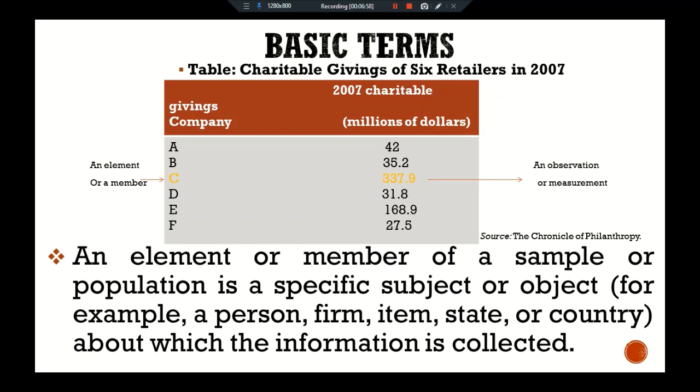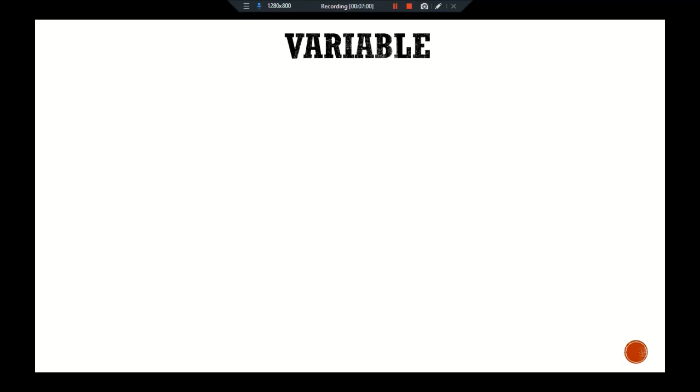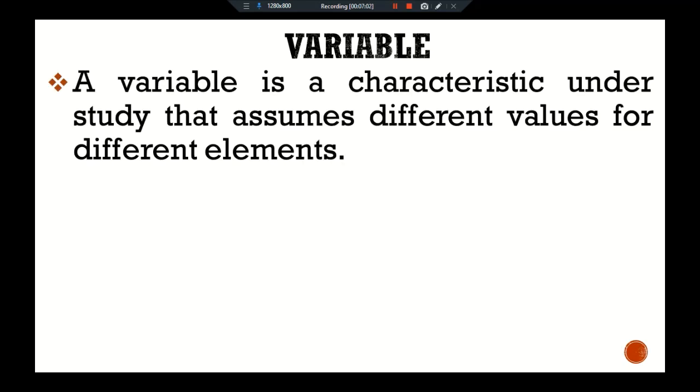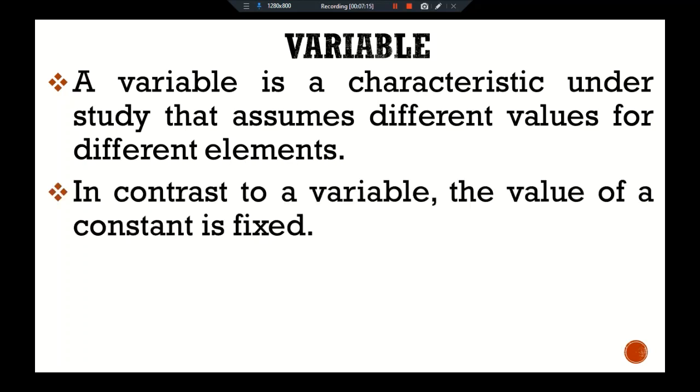So let's define the word variable. A variable is a characteristic under study that assumes different values for different elements. In contrast to a variable, the value of a constant is fixed.